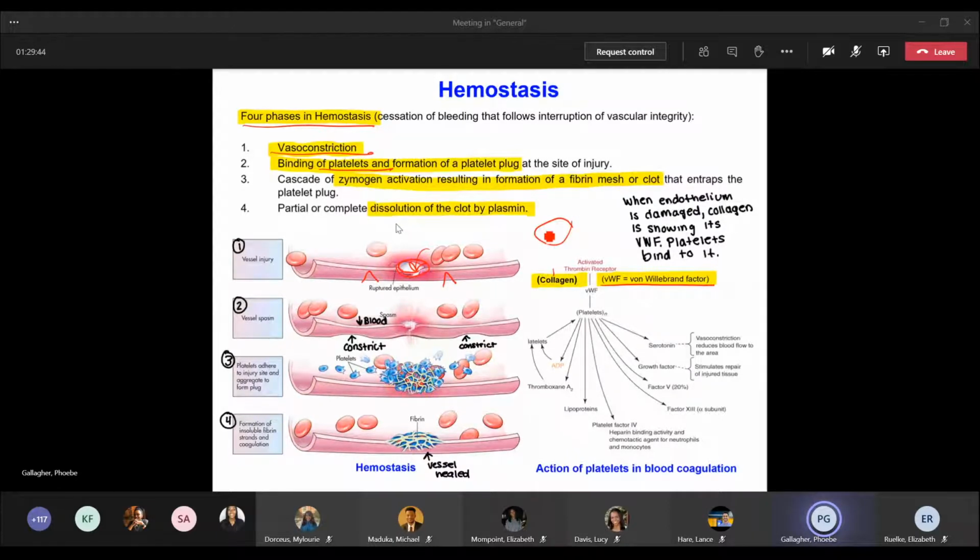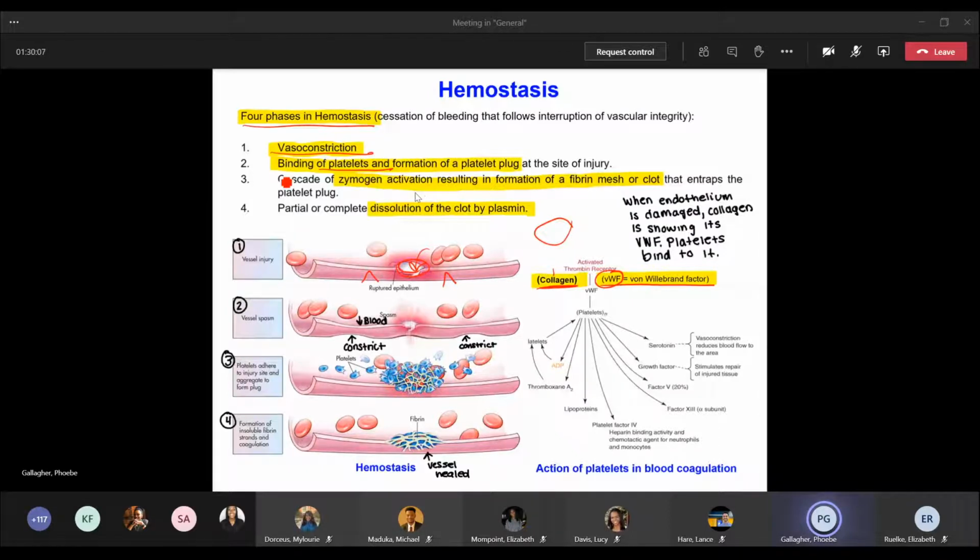Below that is your connective tissue, which is made up of collagen, and the von Willebrand factor is found on top of the collagen. This is different from when she discussed the negative charge of collagen activating the zymogens. So just note this to be a different thing. This is how platelets will bind to the injury on the vessel. Okay, so that's your second step.